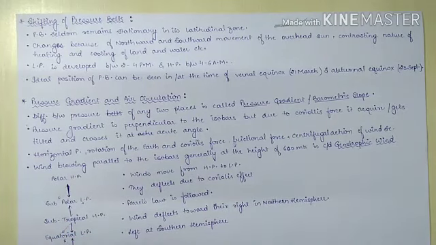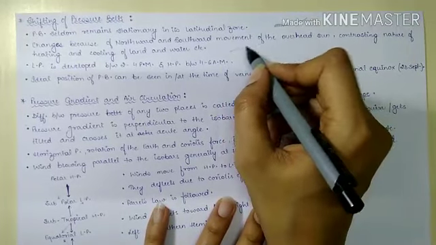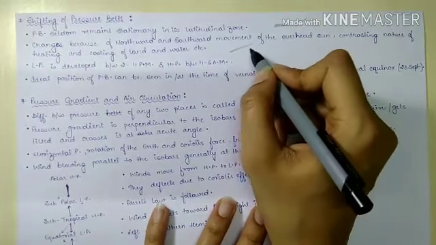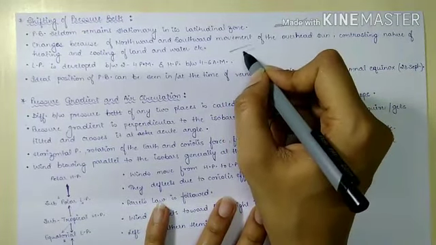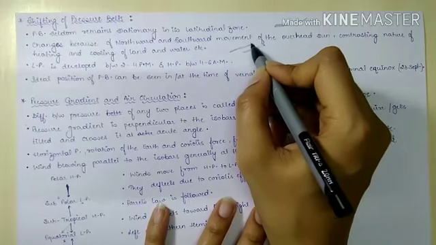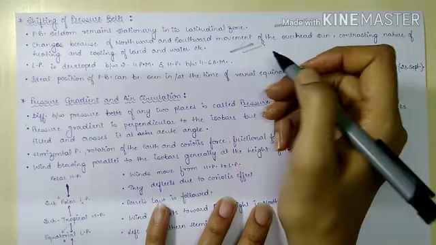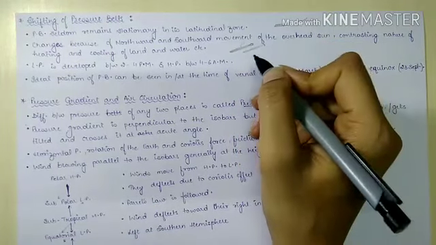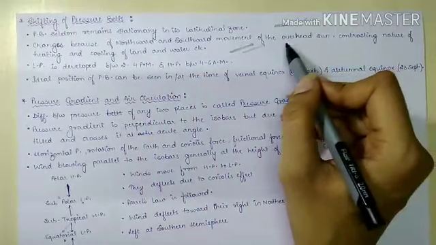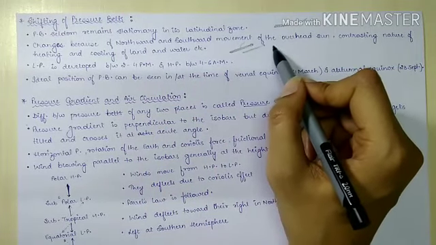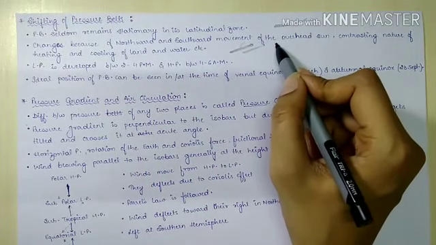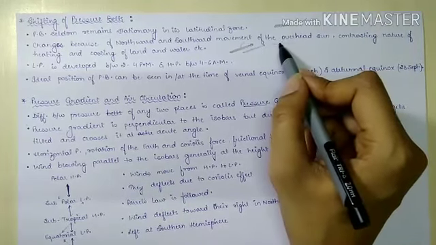Contrasting nature of heating and cooling of land and water. Land gets heated up very fast, and water gets heated up very slowly, but it remains heated for a long time as compared to land, which gets heated up quickly and also cools down quickly. So, as I told you, the subpolar low pressure belt is discontinuous in the northern hemisphere.